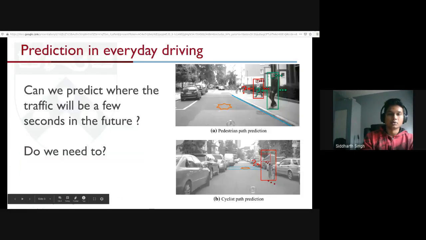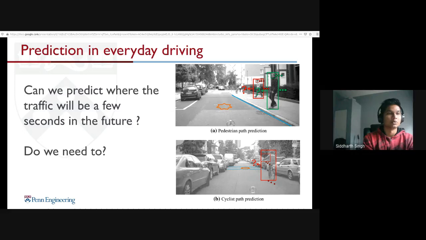And this is actually an ongoing research problem, the problem of prediction, predicting where somebody would be a few seconds into the future. And the question also is, do we need to do that, which we just talked about in the past slide. For example, in this picture, we see that there are pedestrians, and we want to know where the pedestrian would be a few seconds into the future.